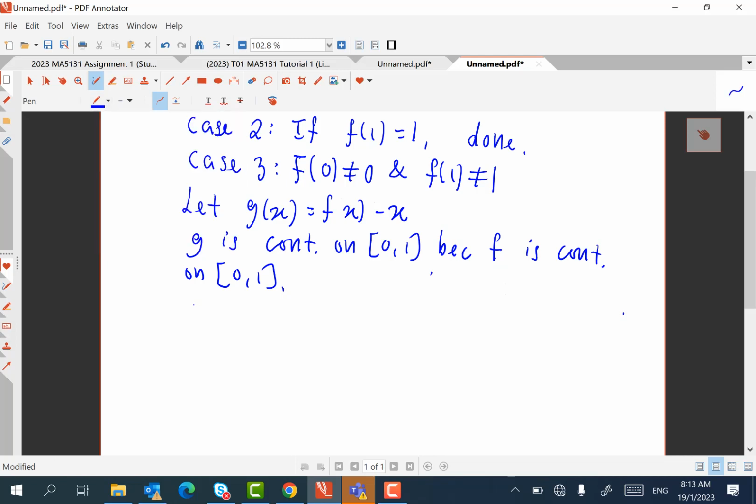Then let's calculate g(0). g(0) is going to be f(0) minus 0, and this is going to be more than 0. You know why?